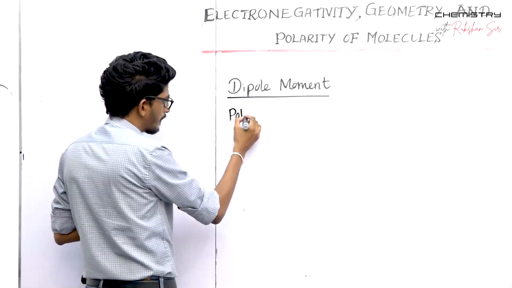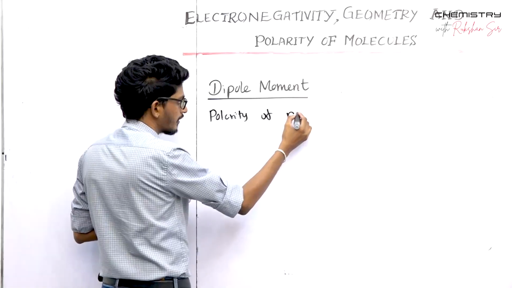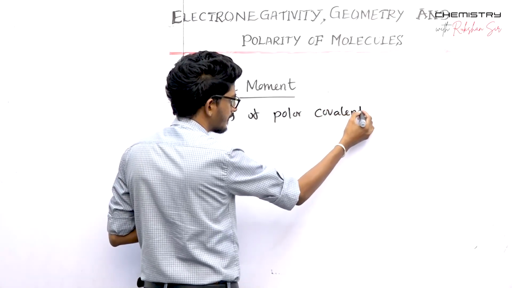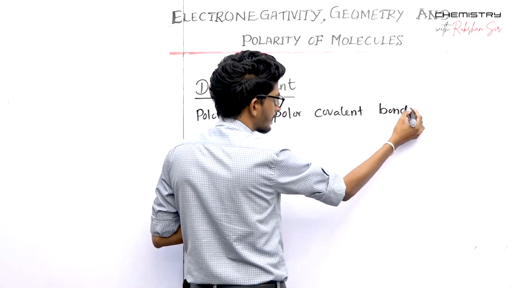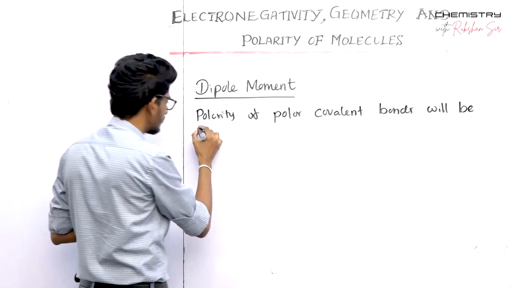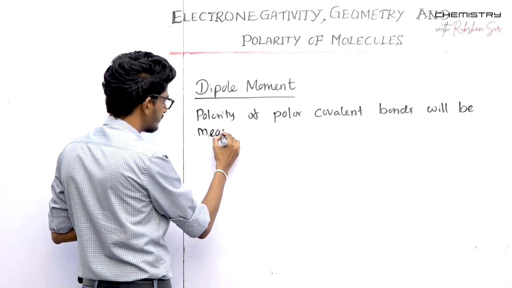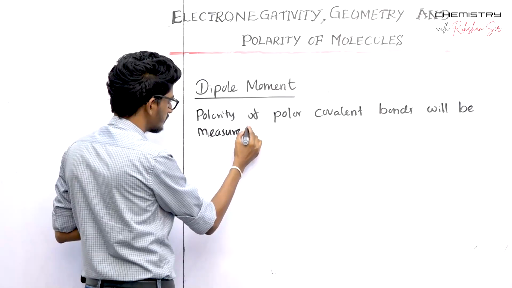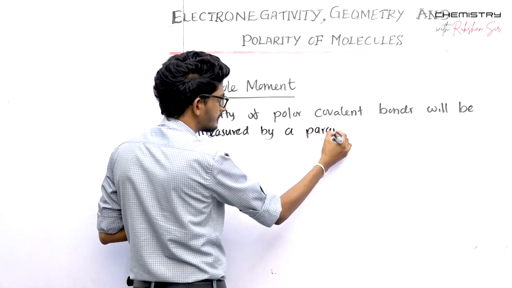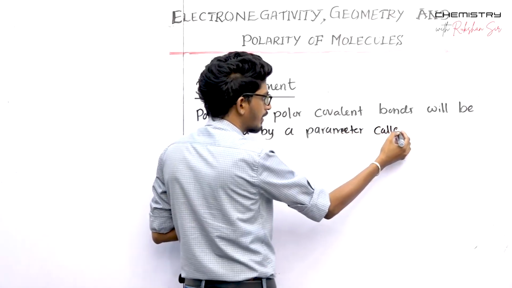The polarity of polar covalent bonds will be measured by a parameter called dipole moment.